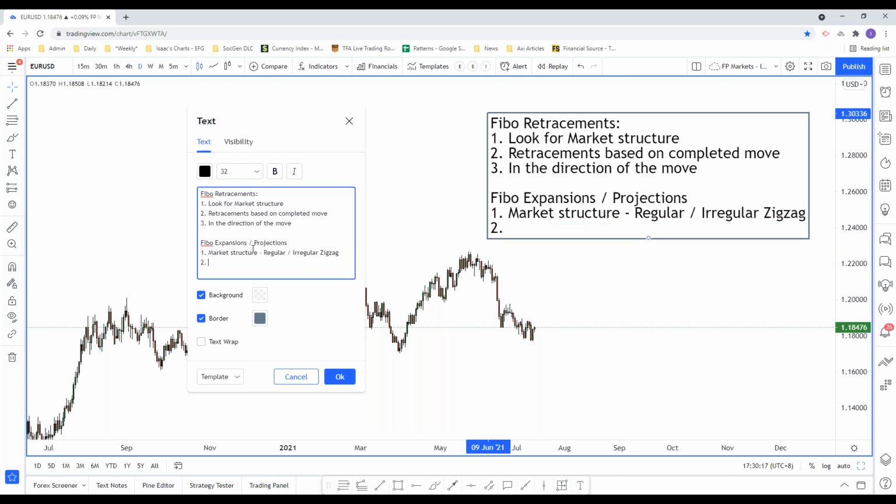Now, second, expansions and projections may not be used on completed moves.